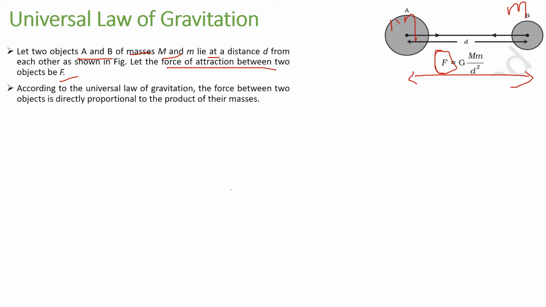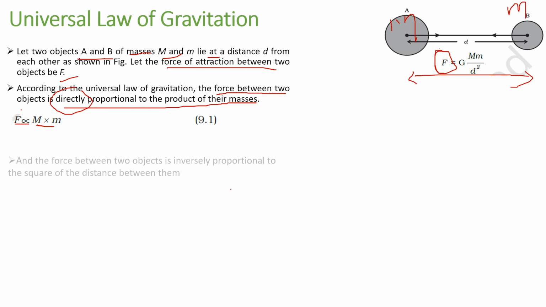What does the universal law of gravitation state? It states that the force between the two objects is directly proportional to the product of their masses. Then how do you write it? F is proportional to M into m, where M and m are the masses of the two objects.